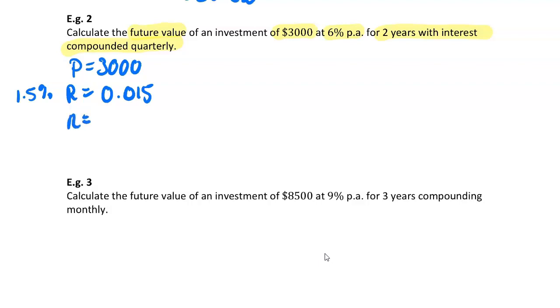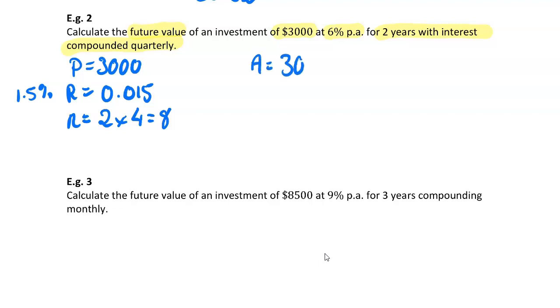And now it's 2 years of quarters, so it's 2 years worth of 4 compounding periods per year, so that's 8. All right, so A equals 3,000 times by 1.015 to the 8.